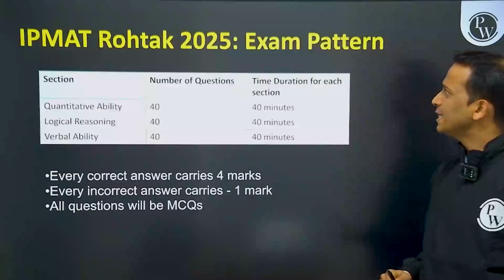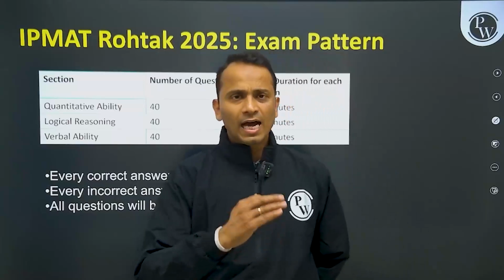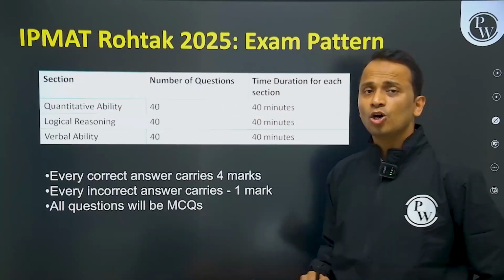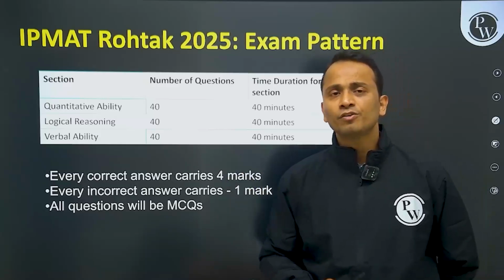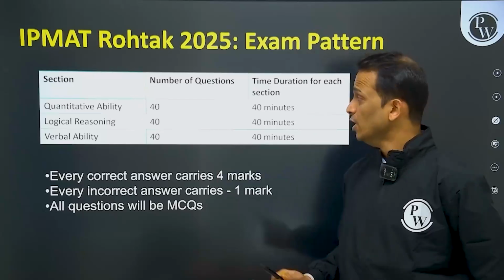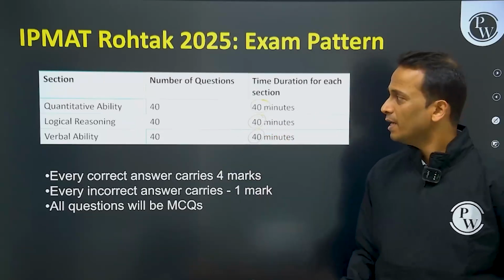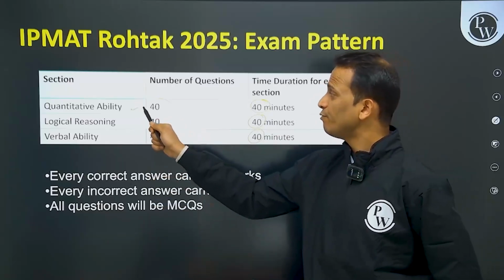Now moving on to the next thing, the examination pattern. Unlike the IPMAT Indore examination, here you will also be tested on logical reasoning. The entire IPMAT Rohtak examination is divided into three sections, which have sectional time limits as well. The first section is Quantitative Ability, which will have 40 questions.